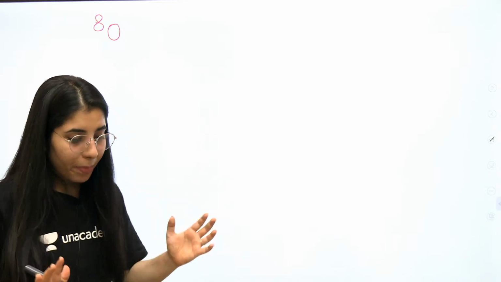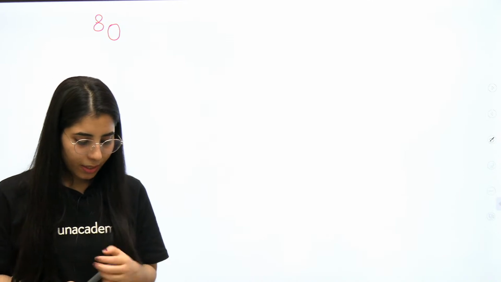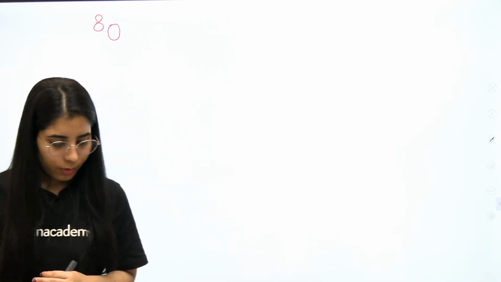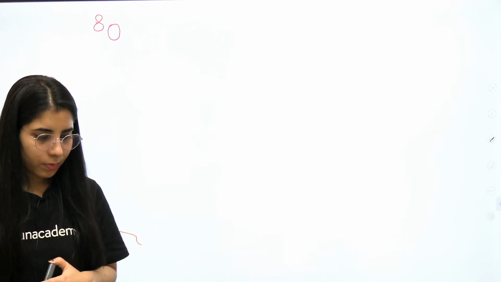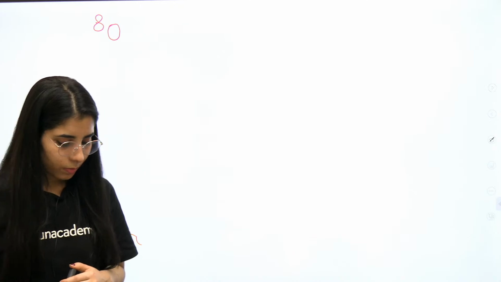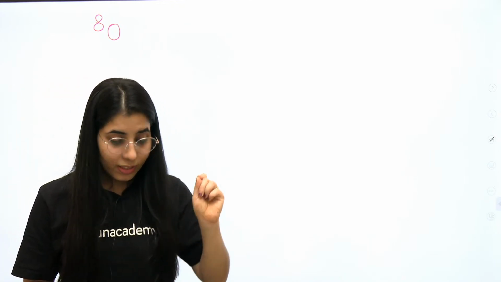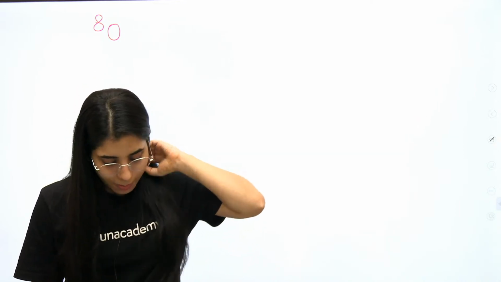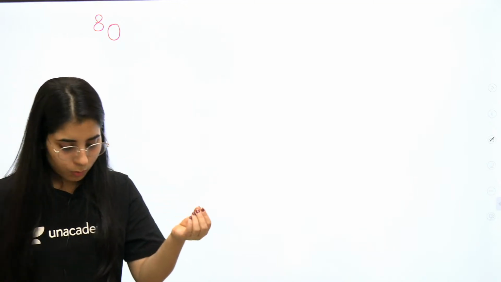No, total number of spectroscopic terms, not the ground state. Firstly, the total number of spectroscopic terms. Guys, you are writing the total electronic configuration, but I am asking about the total number of spectroscopic terms.